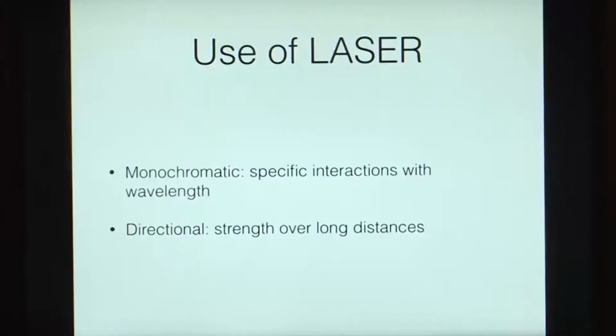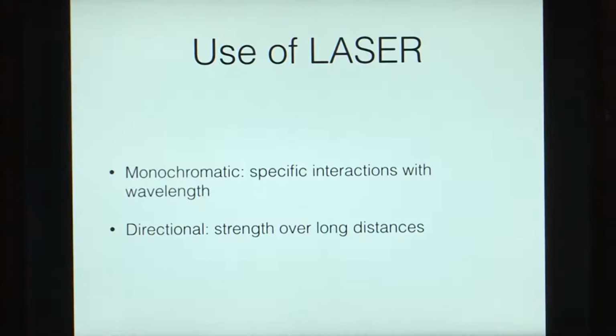If you illuminated it with green colored light, you would see a green colored leaf. If you illuminated it with say blue colored light, you would again be seeing a black colored leaf, which is because different wavelengths interact with the same object in different manners. So, by using a monochromatic beam of light, we ensure that we have specific interactions with that wavelength.